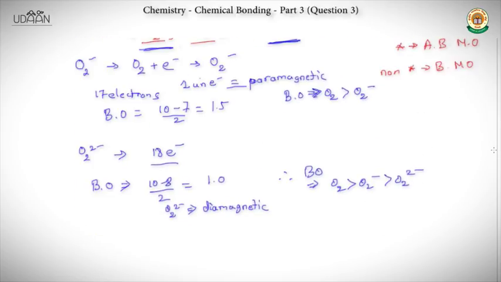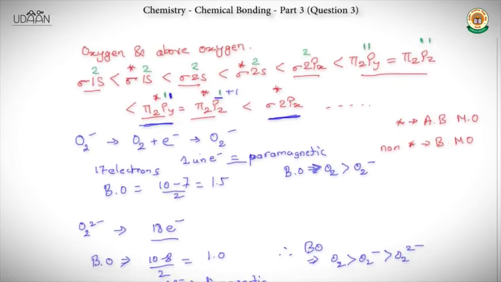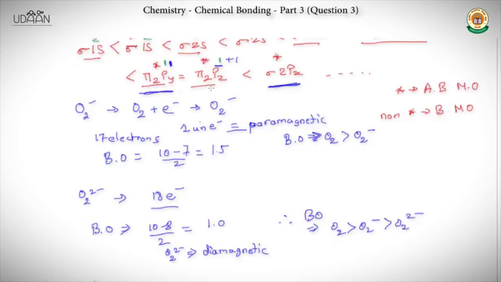For O2 plus, it's basically O2 minus an electron. Therefore, an electron should leave, so the electron will go away from pi 2pz.